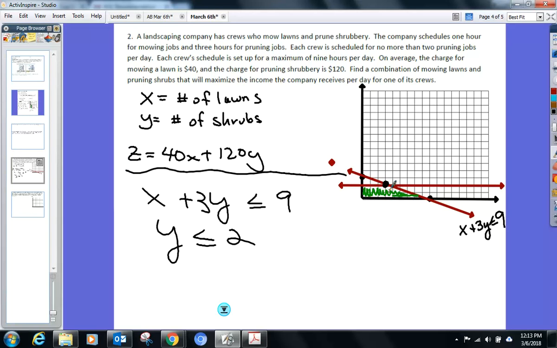So you really should have started at 3 and went down 1 over 3. And that'll give you where it should intersect. Good. You guys are doing a nice job finding your shaded regions.